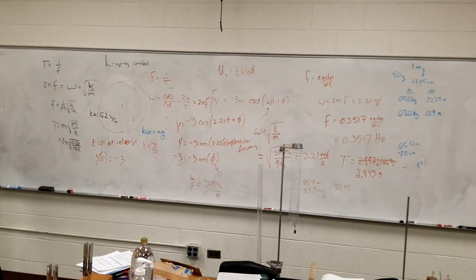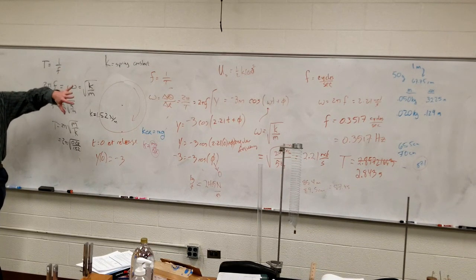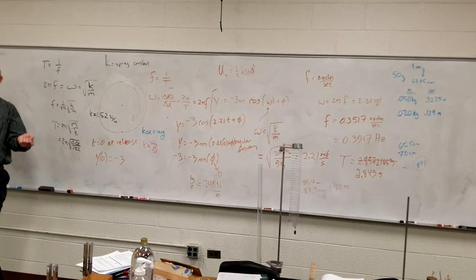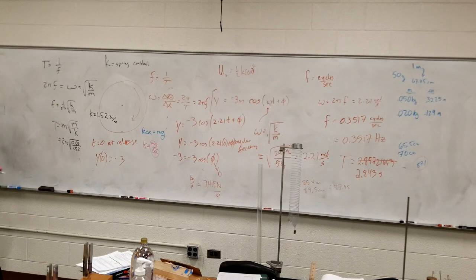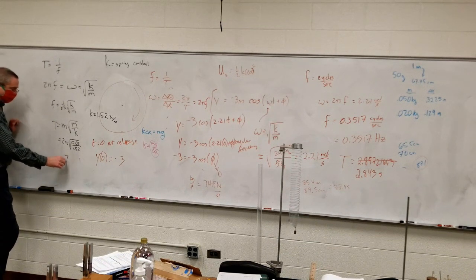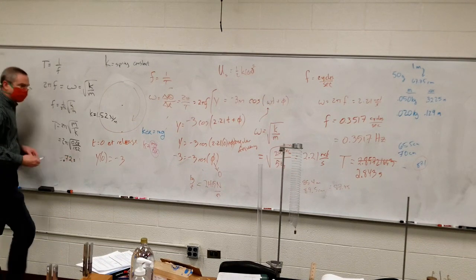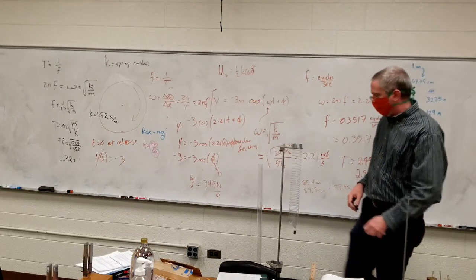Because we're still at the same, k should not. In a lab situation, you would actually do maybe 5 different masses, get the stretch, and then look at the slope, and base the k value on the slope. Gotcha. We're cutting some steps out. So it's 0.72 seconds. Let's see how close we actually get with that.